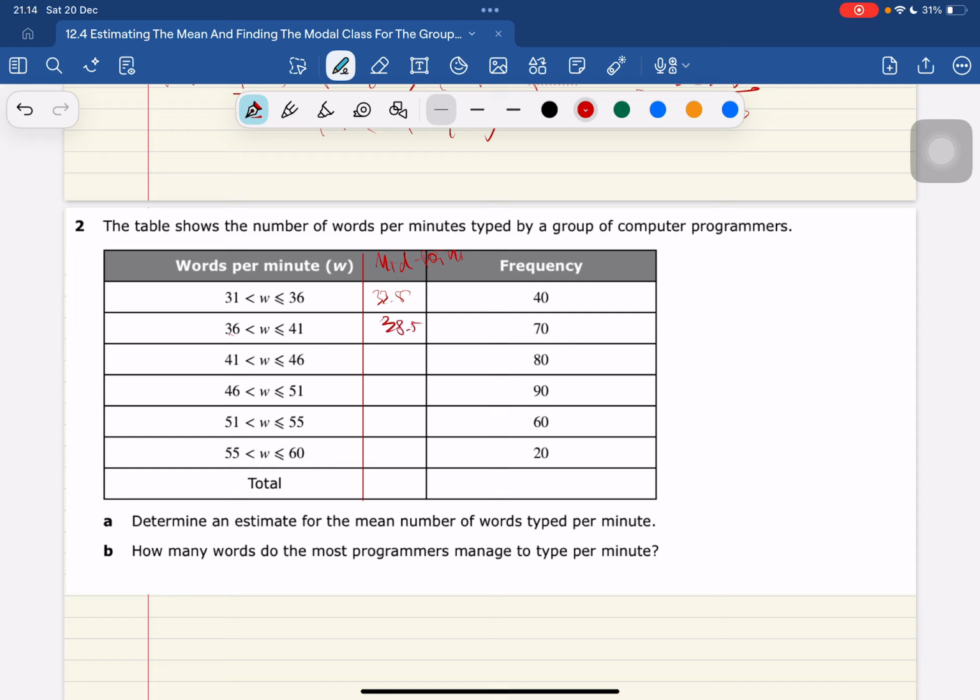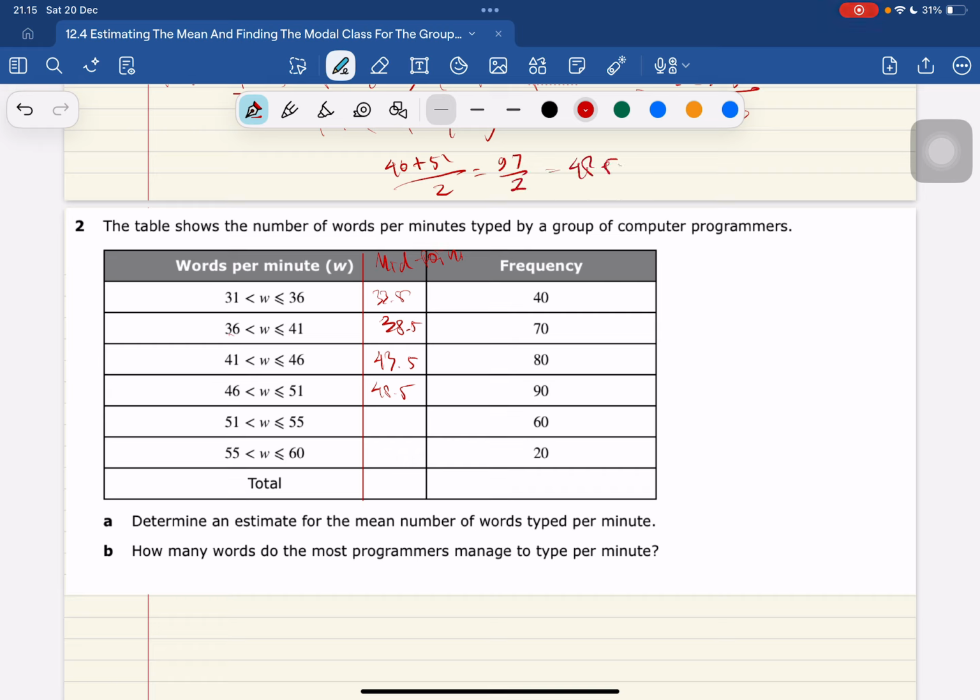From 41 to 46, the midpoint is 43.5. And from 46 to 51, the midpoint is 48.5. If you are confused about how to get the midpoint, we just add 46 plus 51 and divide by 2. So 97 divided by 2 is 48.5.